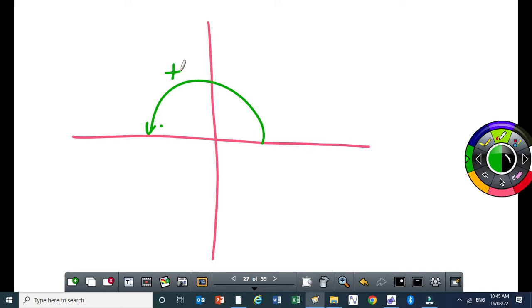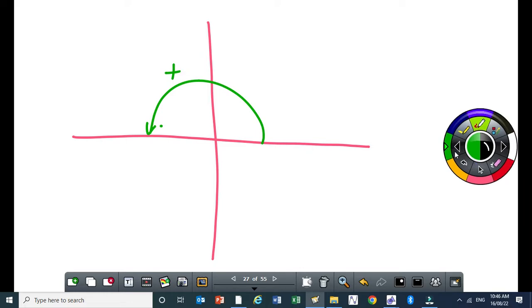I told you that. Don't say that I didn't tell you. If the angle is negative, we go in that direction. So this will be negative, and that's the positive. Just to let you know, in grade 10, we don't get into the details of negative angles. That's a grade 11 concept.